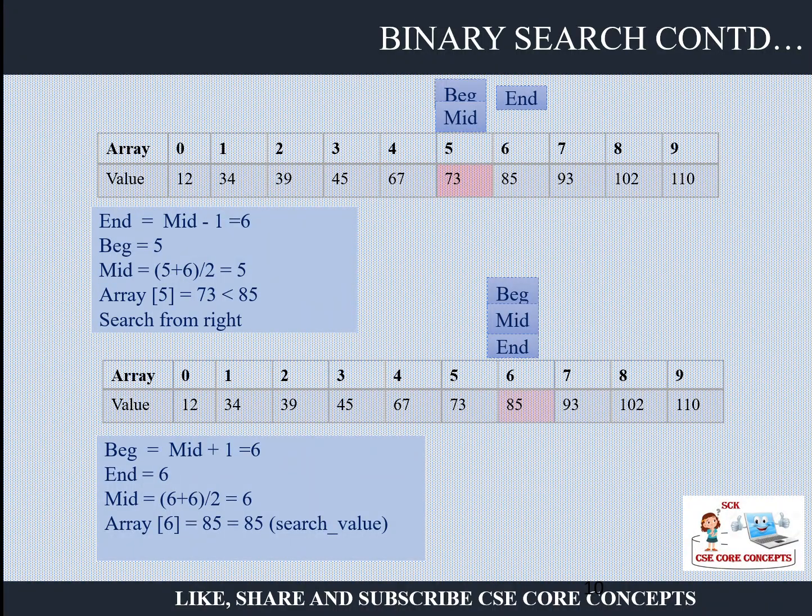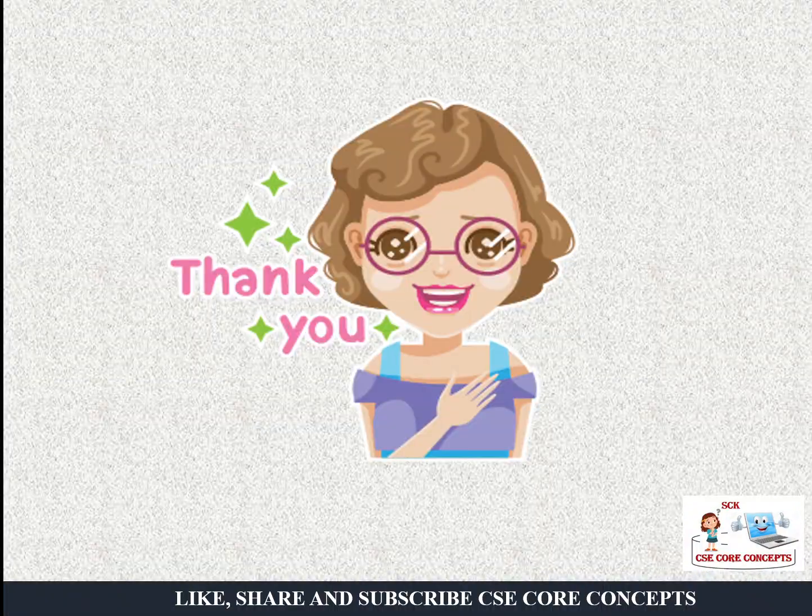So with every iteration, the number of elements with which I am comparing is becoming less. So my time complexity is what? O log n. Okay, so every iteration, the input size is decreasing. So I hope you understood this type of search, where they are used and how they are used.